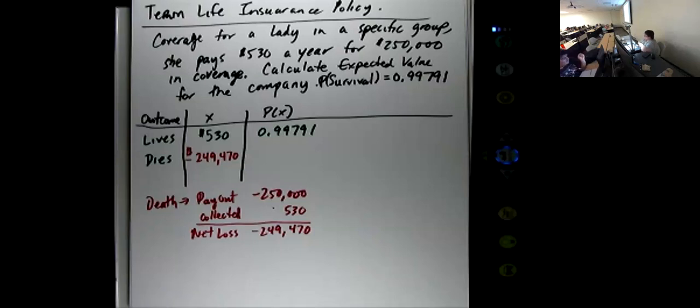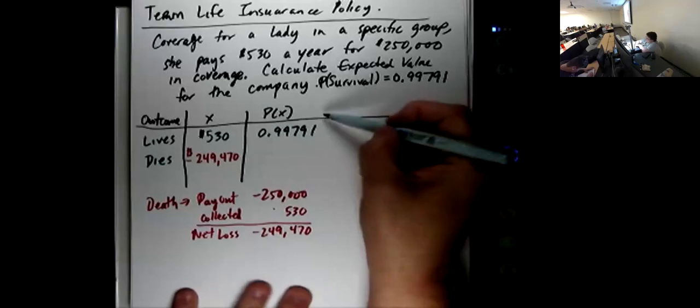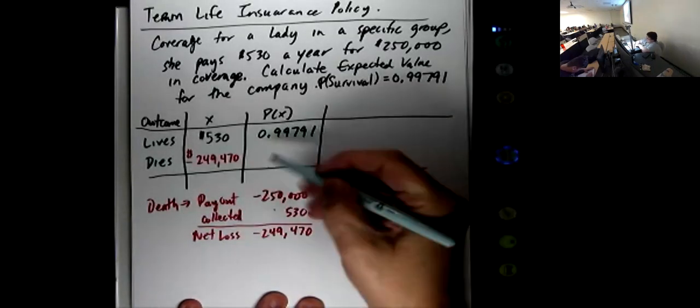What's the probability of her dying? It doesn't say, does it? Can we figure it out? How can we figure it out? A probability model always has to add up to 1. I know this column right here has to add up to 1 when I'm done.